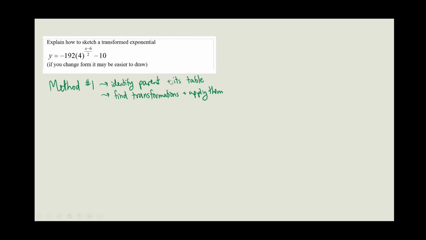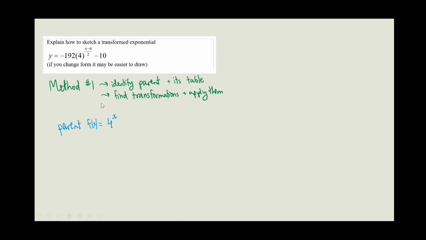This method is what you have learned in the general functions unit. This is a method that works for any function that you're given. I will talk about a method number 2 that is more convenient to use for exponential graphs, but it only works for exponential graphs. It would not be applicable to trig graphs or others. So method number 1 is applicable to all types of graphs.